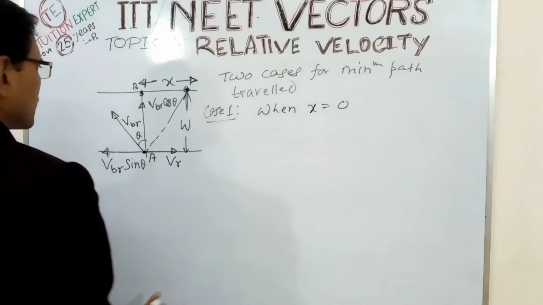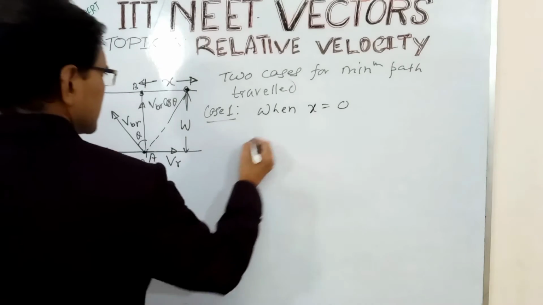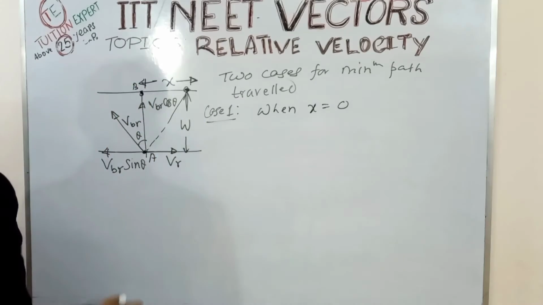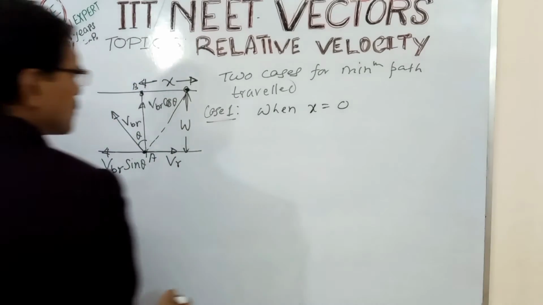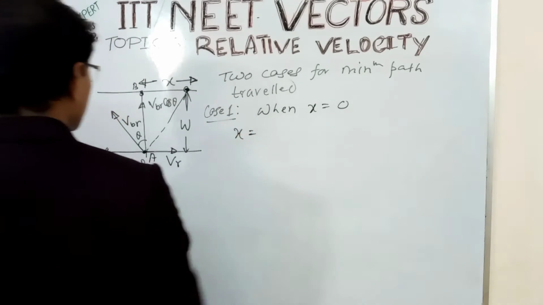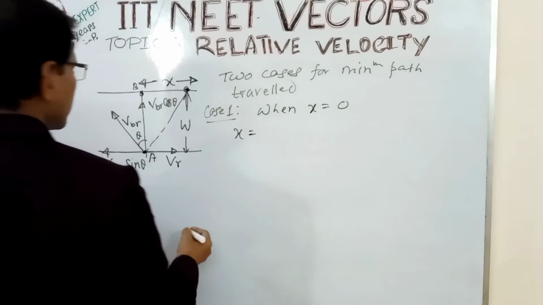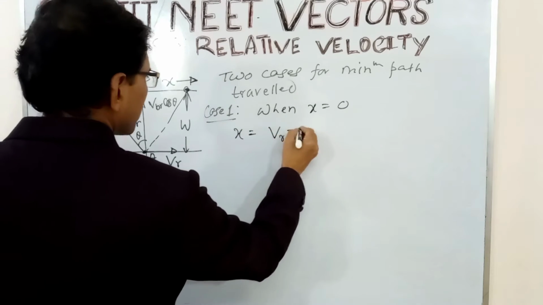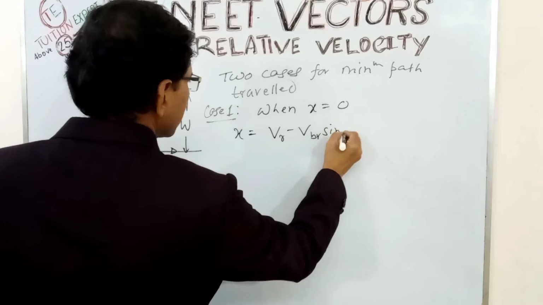So for that, x equals 0, if the boatman starts from here and reaches that point B, then x will be 0. So for that the condition is, we know x equals distance equals velocity into time. Velocity is VR minus VBR sin theta into time.